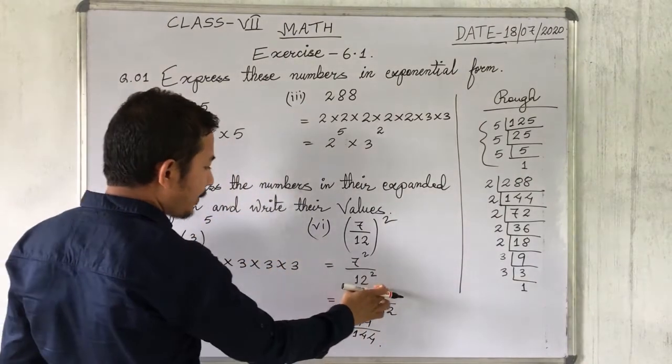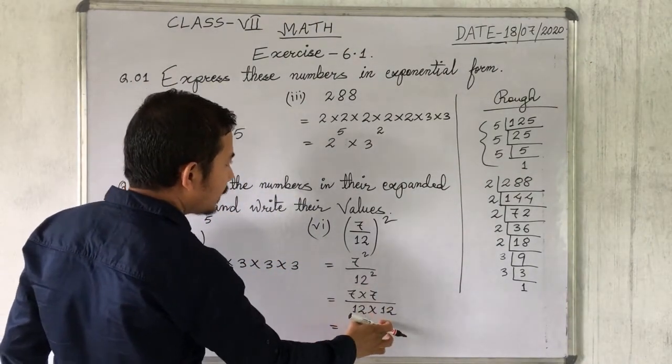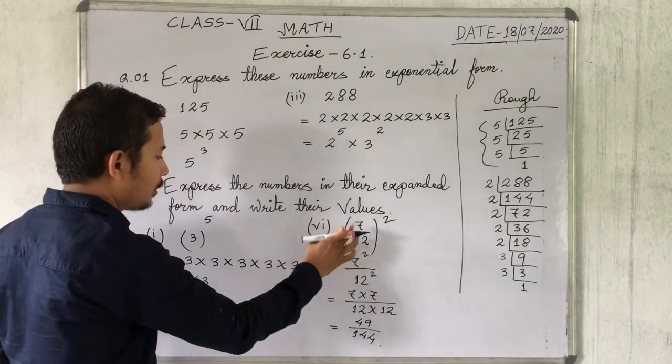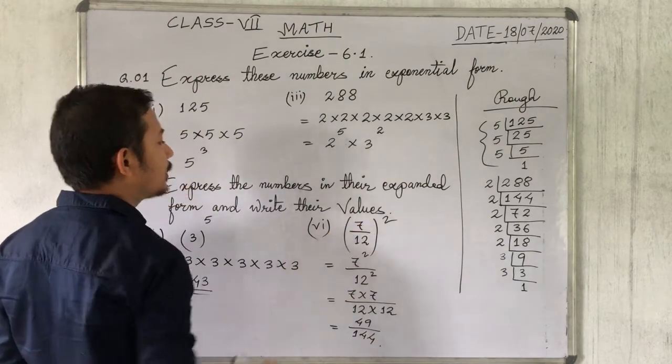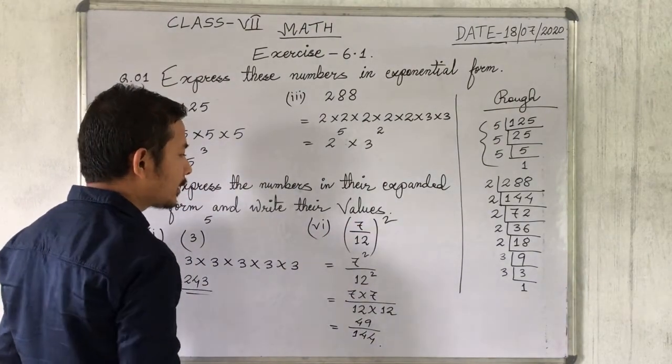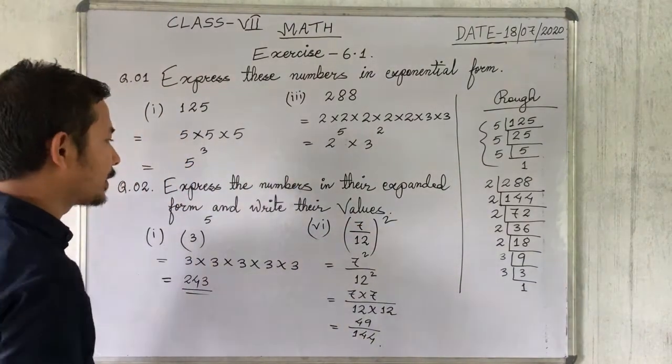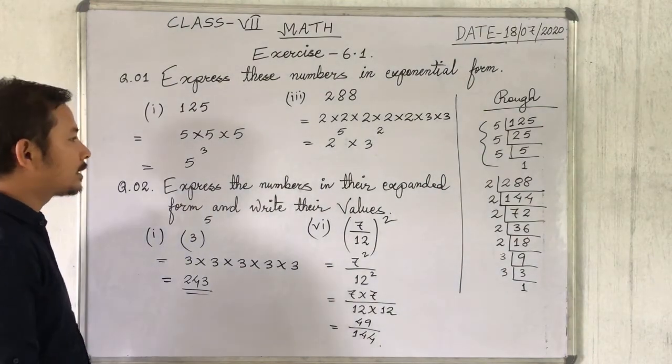So 7 into 7 by 12 into 12 is the expanded form of this number, okay? And 49 by 144 is the value of this number, 7 by 12 whole square. Understood? Very easy, try to understand. So this is number 6, okay?